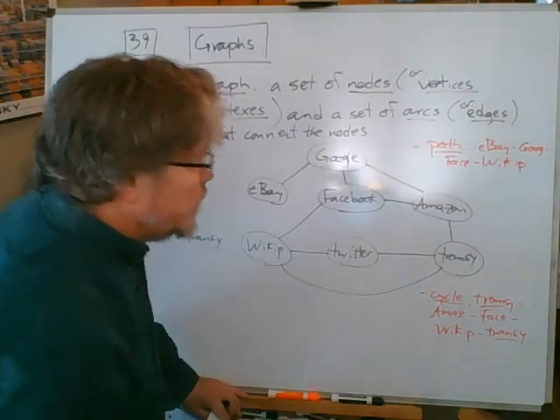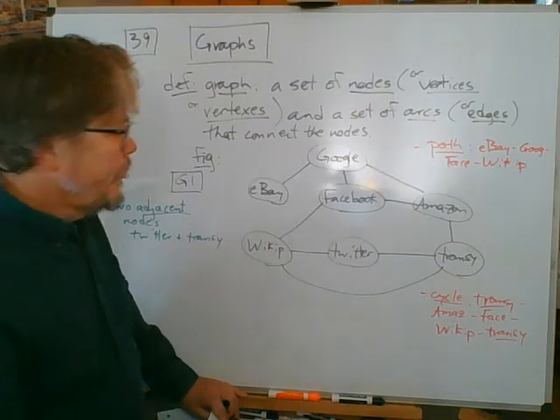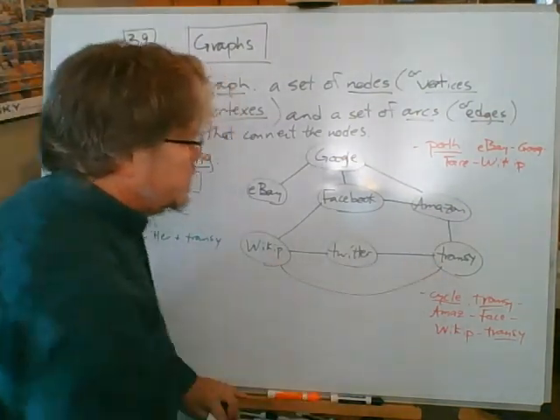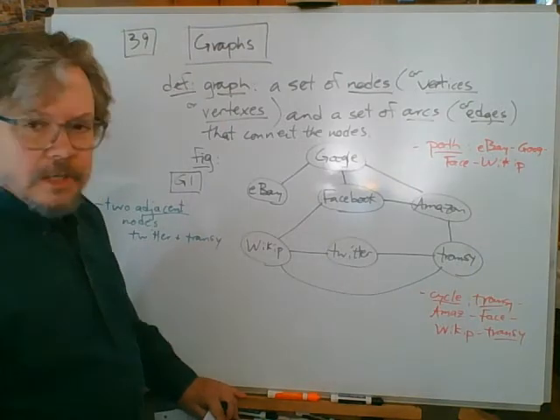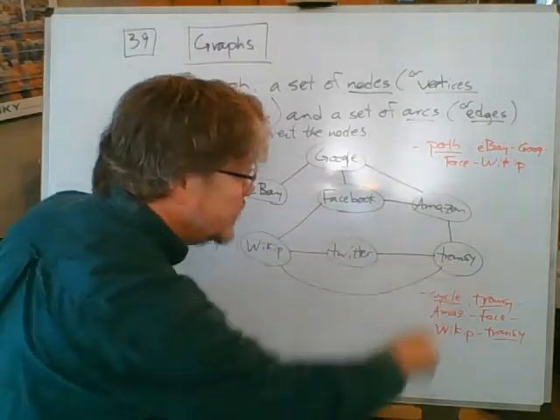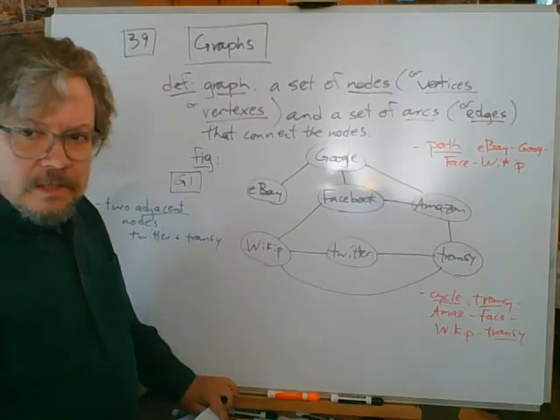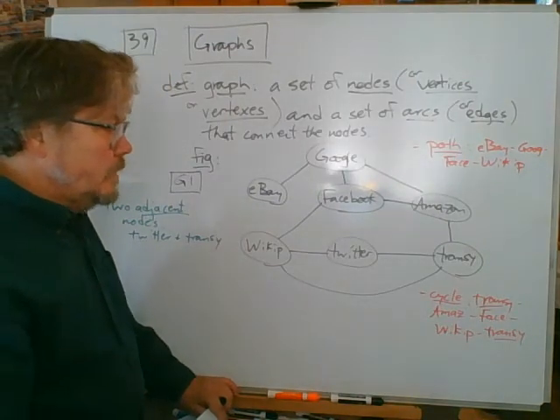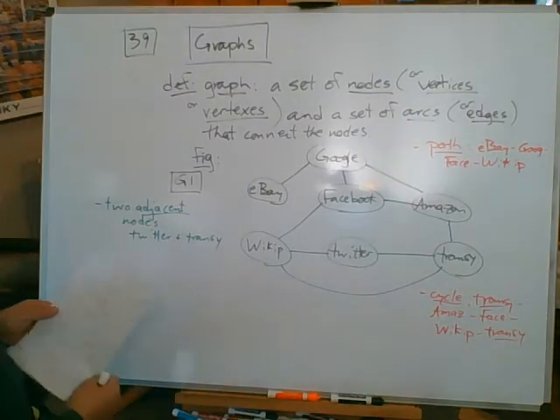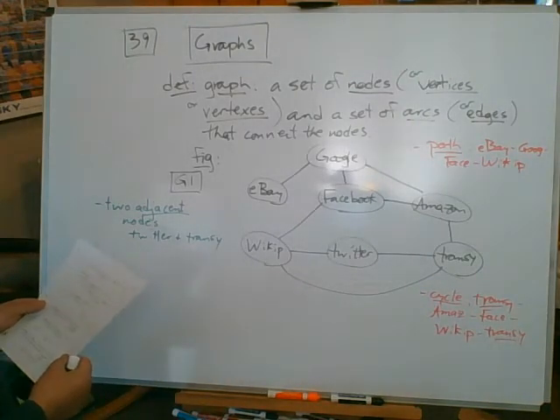There is exactly one arc between them. Twitter is adjacent to Transy. Wikipedia is adjacent to Transy. Amazon is adjacent to Transy. Facebook is not. Facebook is connected to Transy, but it's not adjacent because you have to follow more than one arc to get from Facebook to Transy or Transy to Facebook. So there's a working definition of adjacent.